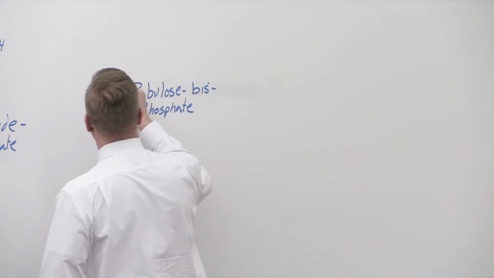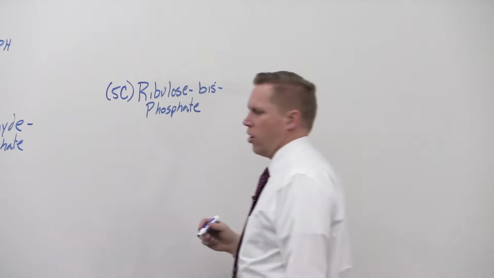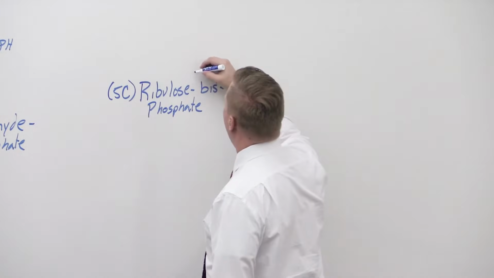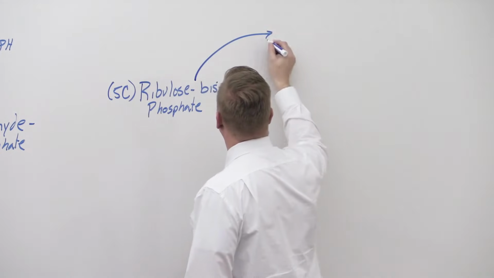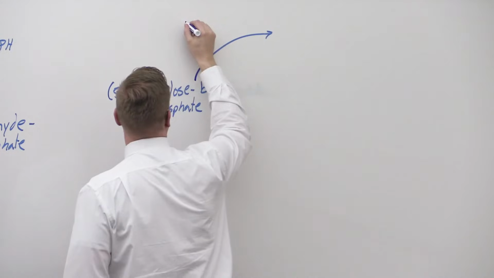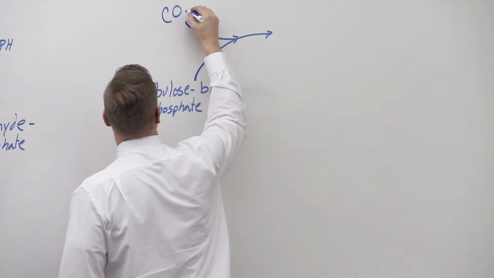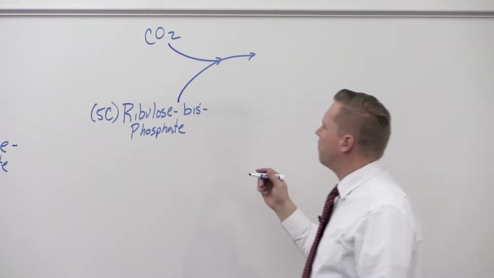Ribulose is a 5-carbon sugar, and that's also significant. And so this is going to be the starting point of our Calvin cycle. And in the first phase, we're going to take our 5-carbon ribulose bisphosphate, and we are going to add a molecule of CO2 to it.